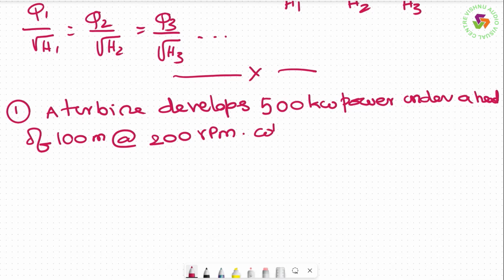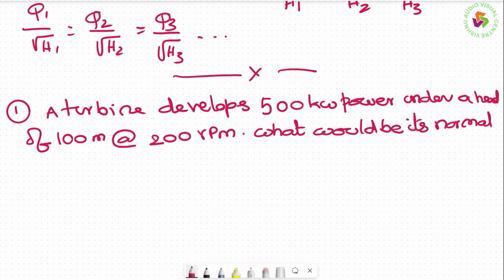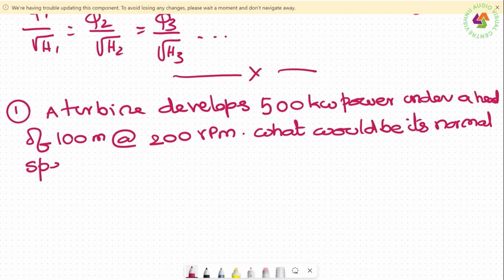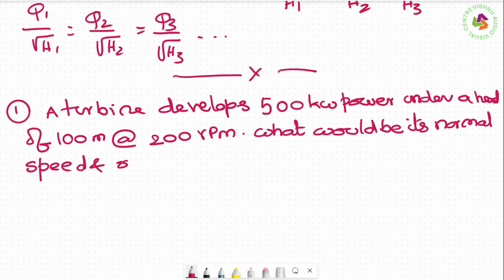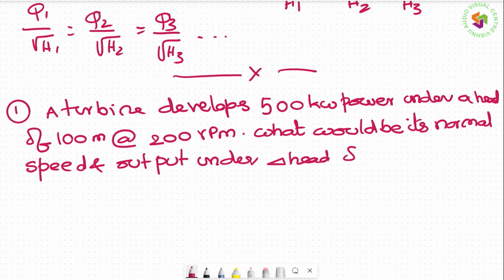What would be its normal speed and output under a head of 81 meters?